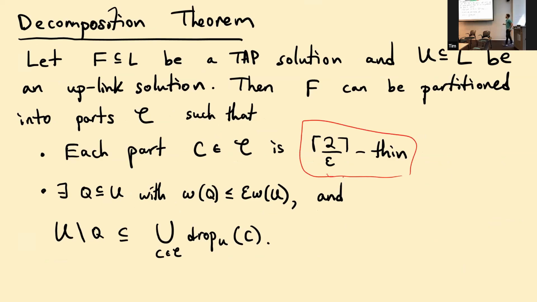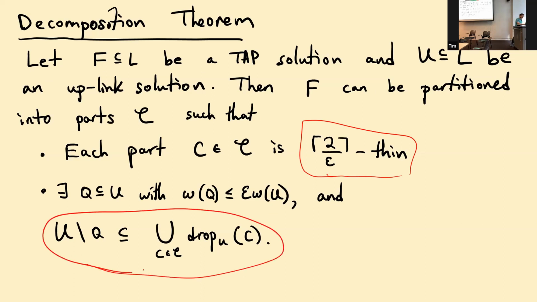For any epsilon, it can be partitioned into k-thin components, and almost all of the weight on the uplinks can be dropped by adding in some part in that partition. So all but an epsilon fraction of the weight of the uplinks can be dropped by adding in some part. It's not too necessary to understand this in detail. The main point is that the decomposition result is the thing that says that if the solution is costly, I can always find an improving k-thin component to add in.